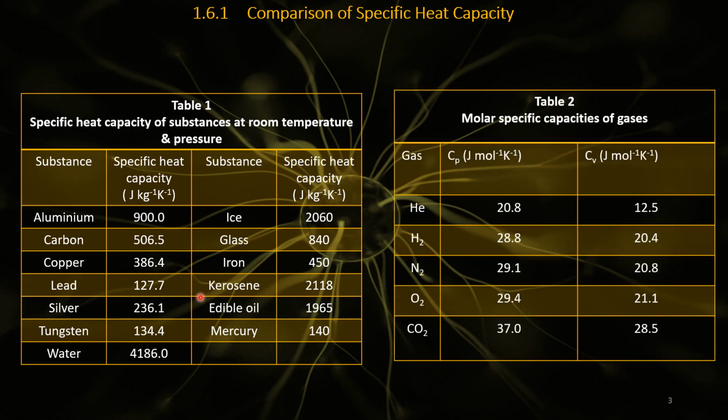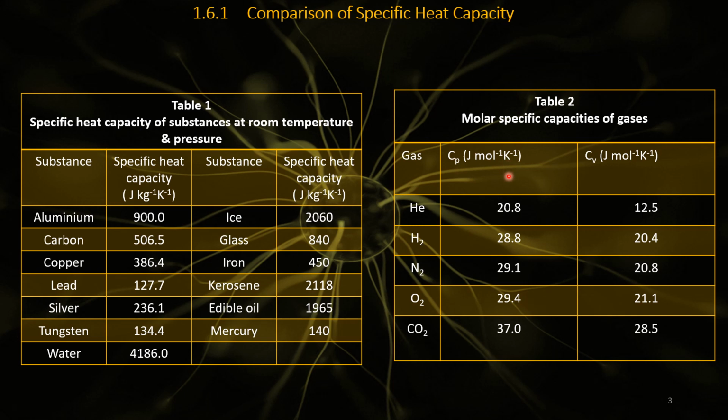Table 2 shows the molar specific heat capacity of some of the gases. Here also, column number 2 gives the molar specific heat at constant pressure in joules per mole per Kelvin.